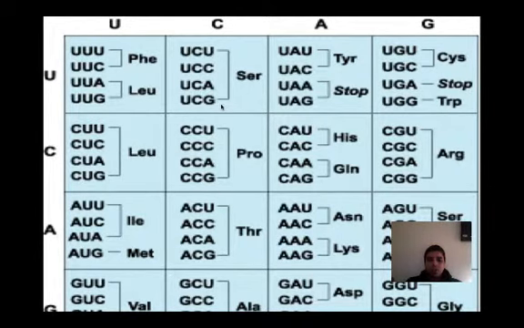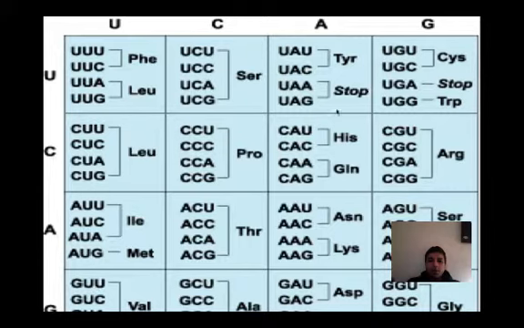Is the protein going to be misshaped? The answer is no, it's not, because UCU and UCG are both going to code for serine. So built into that code, there is the possibility to make some mistakes and still get the amino acid that we want.